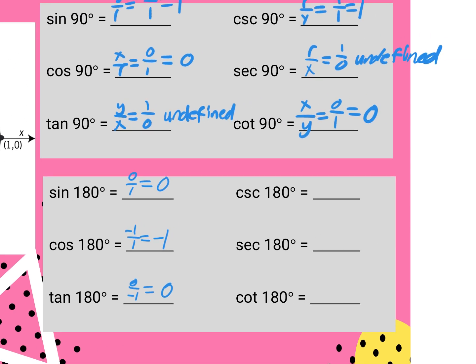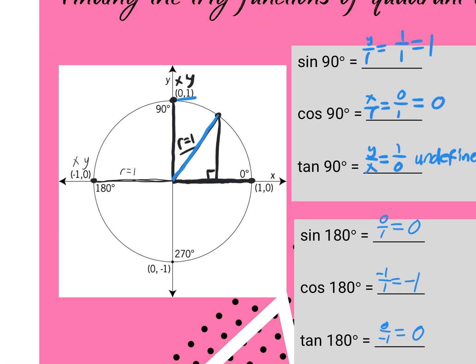Right, now with cosecant, secant, and cotangent, just take the reciprocal. For cosecant, I get 1 over 0, which is undefined. All right, for secant, I get 1 over negative 1, which is still negative 1. And then for cotangent, I get negative 1 over 0, which is undefined. All right, and you can do this process for any angle that's on a quadrant, right?